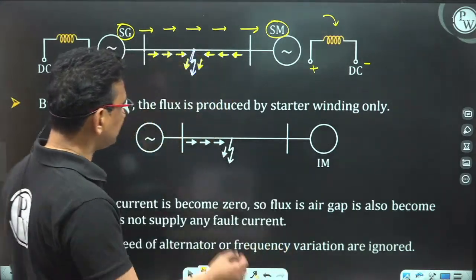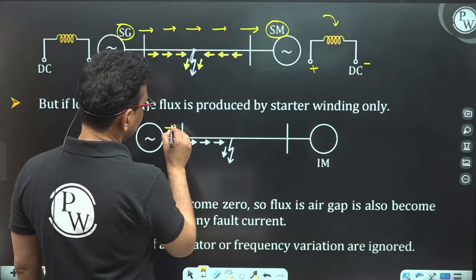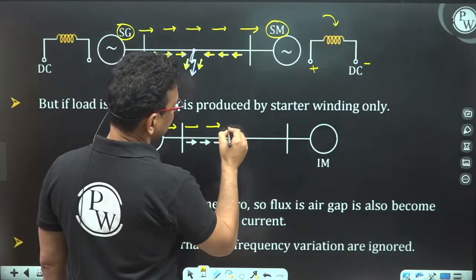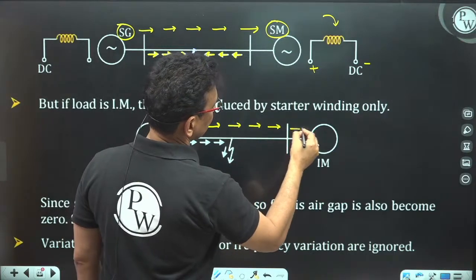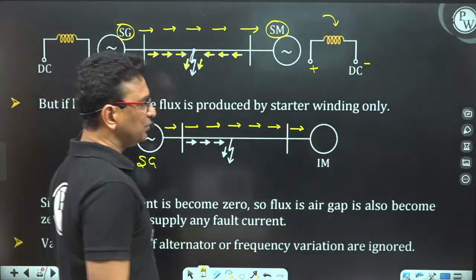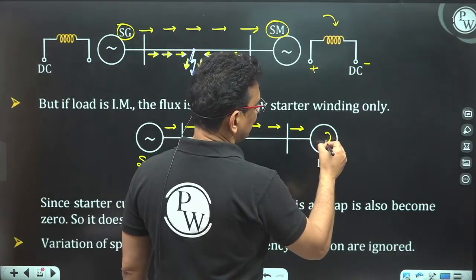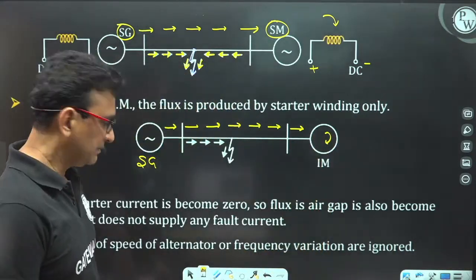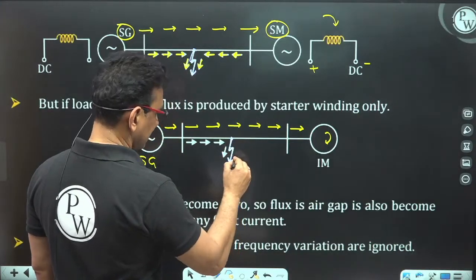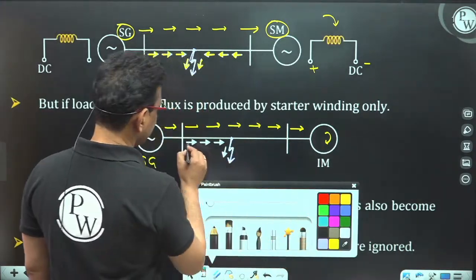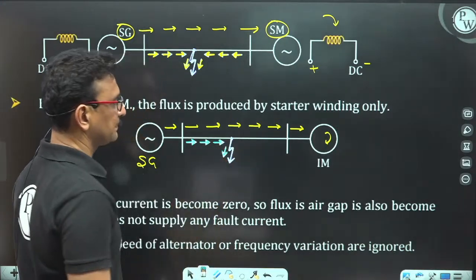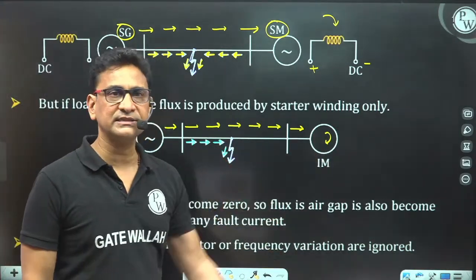So suppose in the normal time, the current is flowing from the synchronous generator to the induction motor. And this current is creating the rotating magnetic field, due to which the rotor of the induction motor was rotating. But whenever the fault took place somewhere here, the direction of current has changed. Now the synchronous generator is feeding the fault only. So no current is flowing to the induction motor.